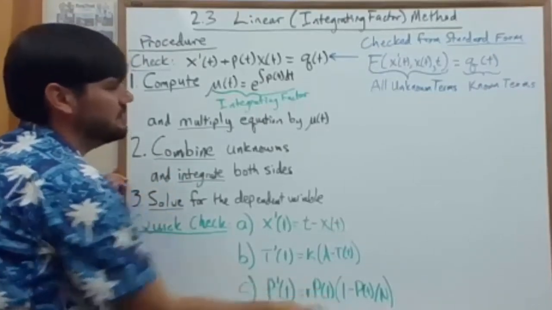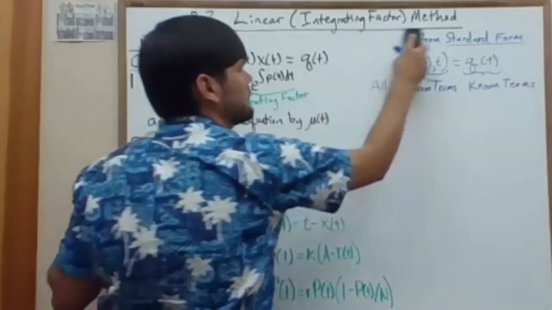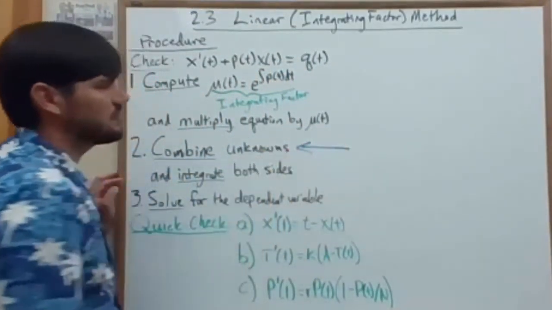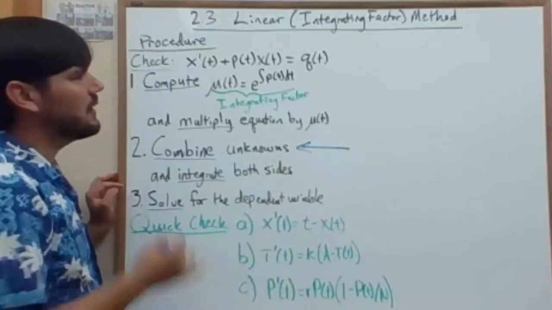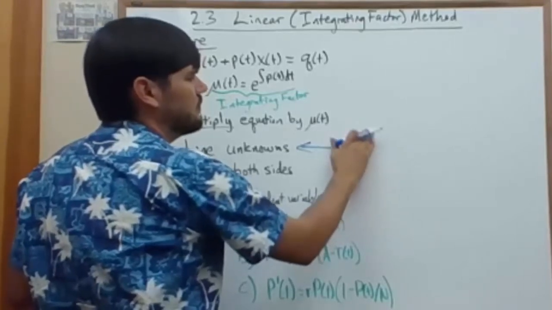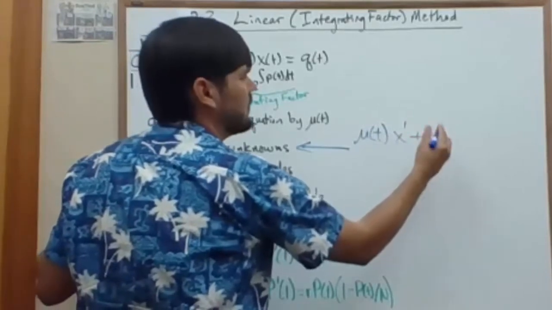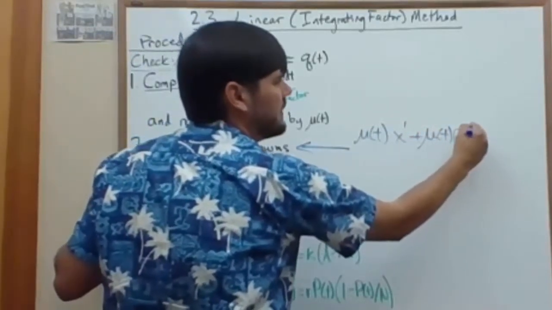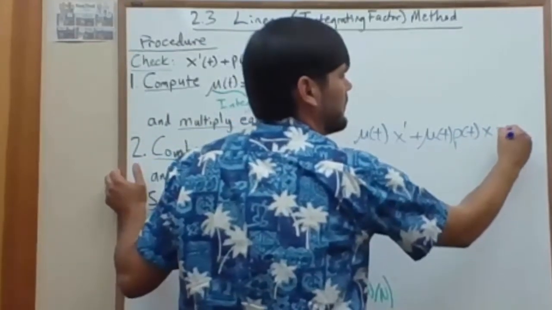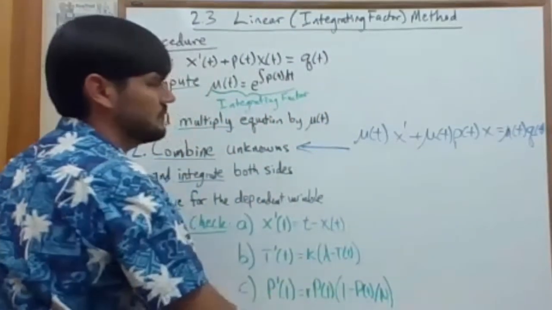Let's look at that for a second here. When you multiply through by mu, you have mu of t times x prime plus mu of t, p of t, x, all equal to mu of t, q of t.